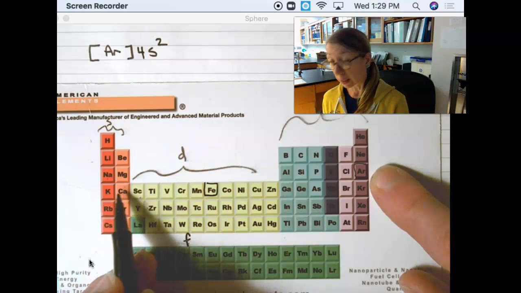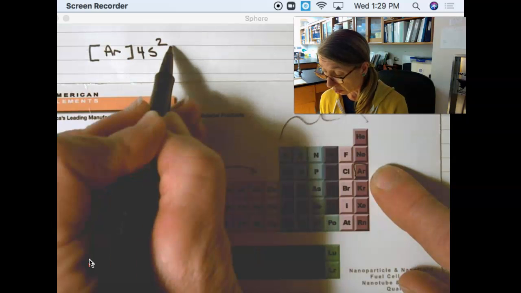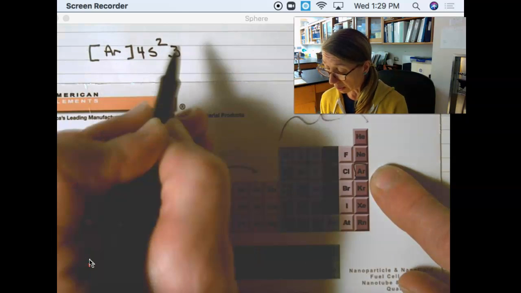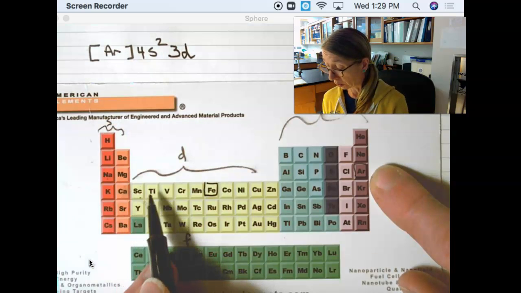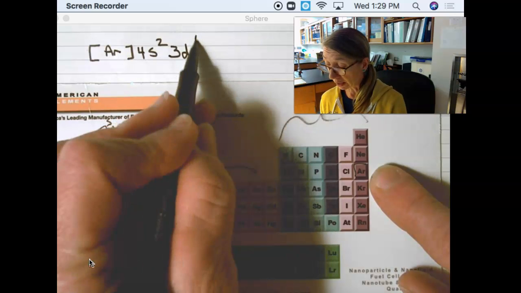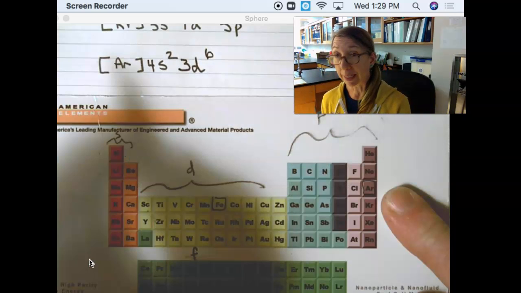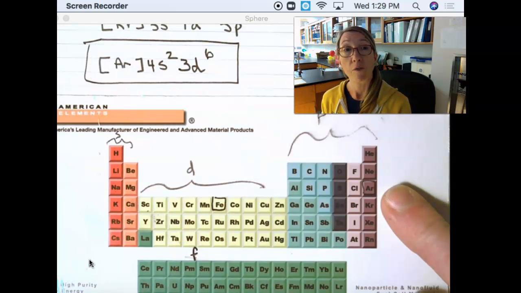So this is the fourth energy level, so these D elements will be on the third level, 3d. And how many do we have? 1, 2, 3, 4, 5, and 6. So this right here is the condensed or noble gas configuration for iron.